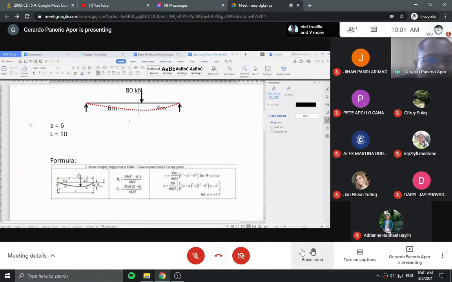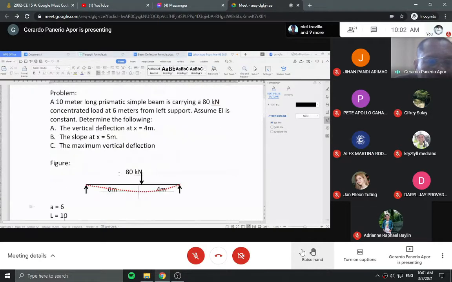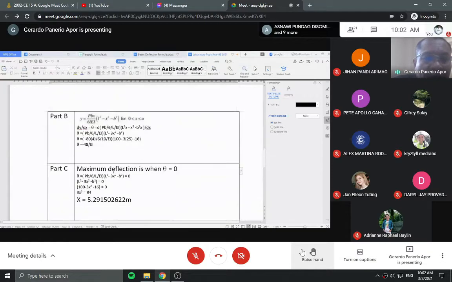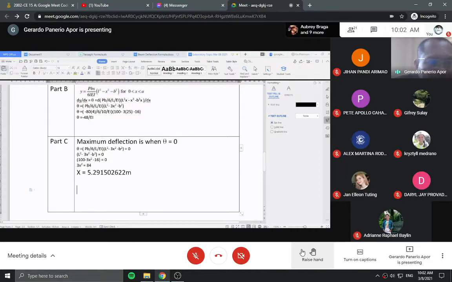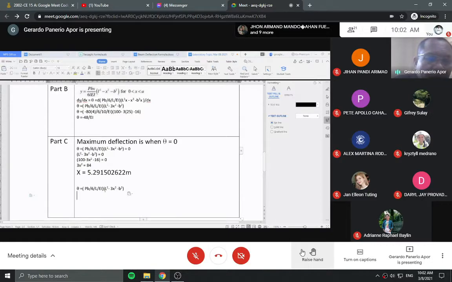Part C is looking for the maximum deflection. So this one is only identifying where the maximum deflection occurs. That means we are going to go back to the equation, but the value of x should be 5.29.